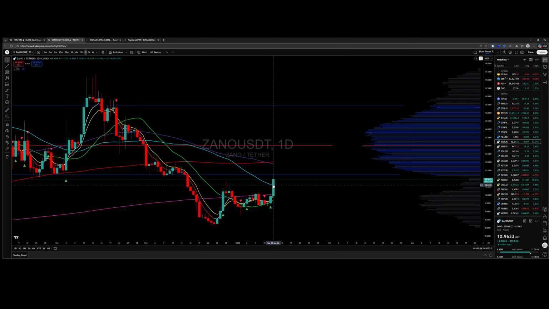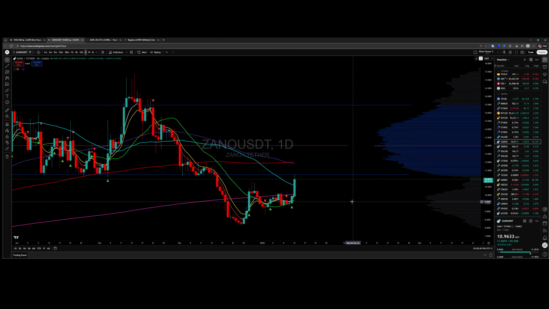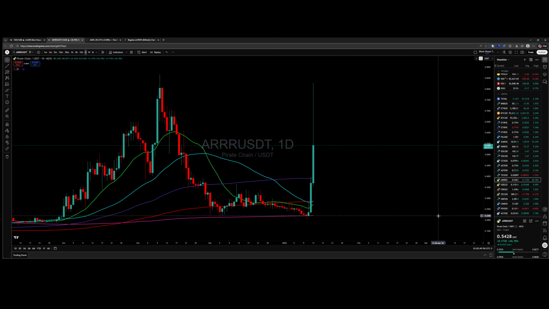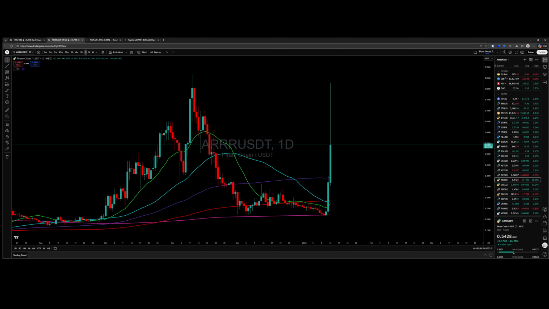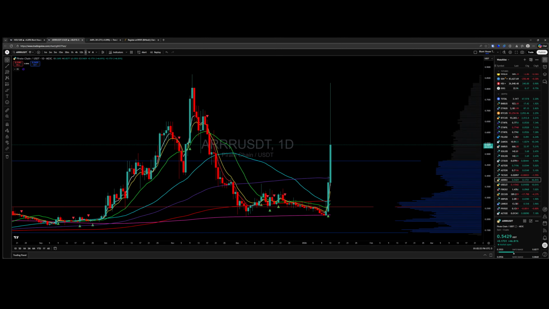The following candle blasts through 2 significant levels of resistance. So for some reason, the privacy coins are bouncing. Holy smokes. This is Pirate Chain. Wow.